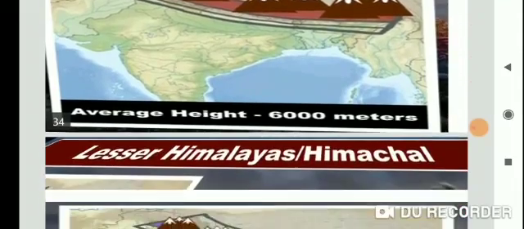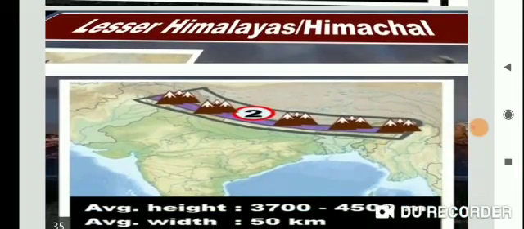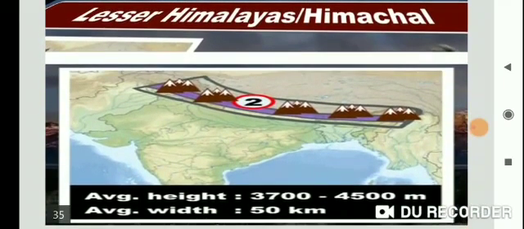Now next, the Lesser Himalayas, or Himachal. This range lies to the south of the Himadri and forms the most rugged mountain system. It is composed of highly compressed rock, with a height varying from 3700 to 4500 meters, and the average width is 50 kilometers.